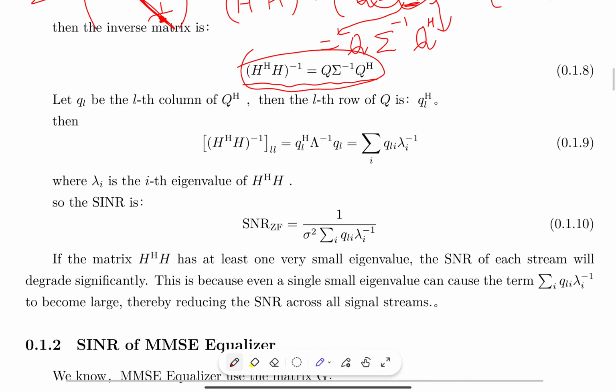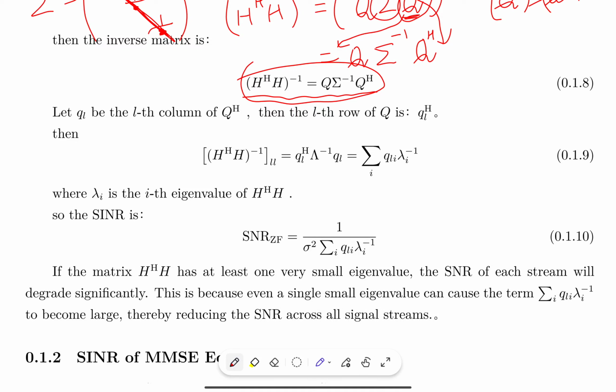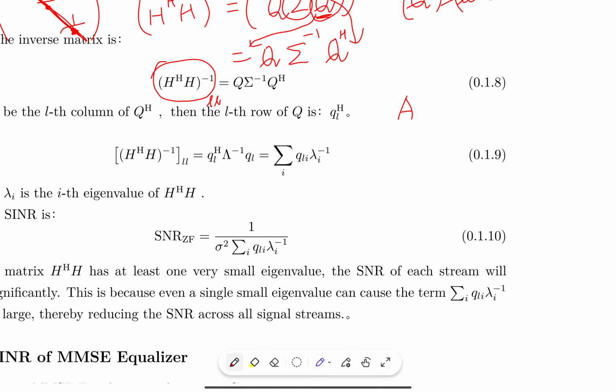Now we want to get the element on the diagonal of this matrix, the L-th one. Suppose there are 4 matrices A, B, C, D, and we want the product A times B times C times D, the element on the mth row and nth column.